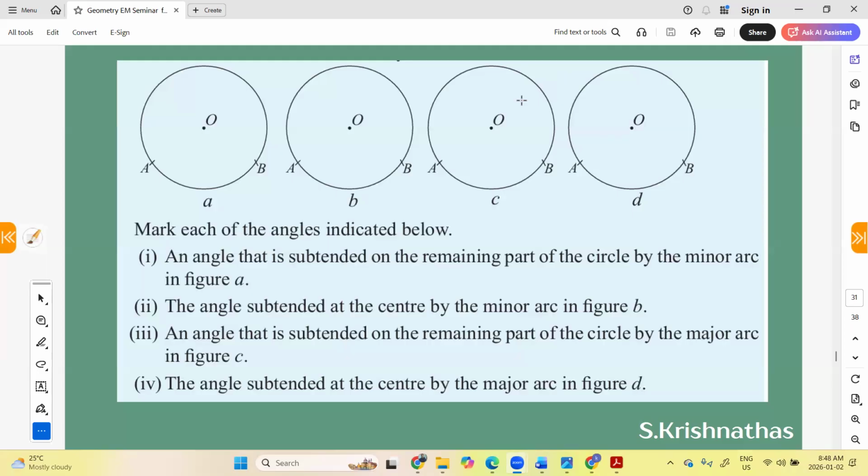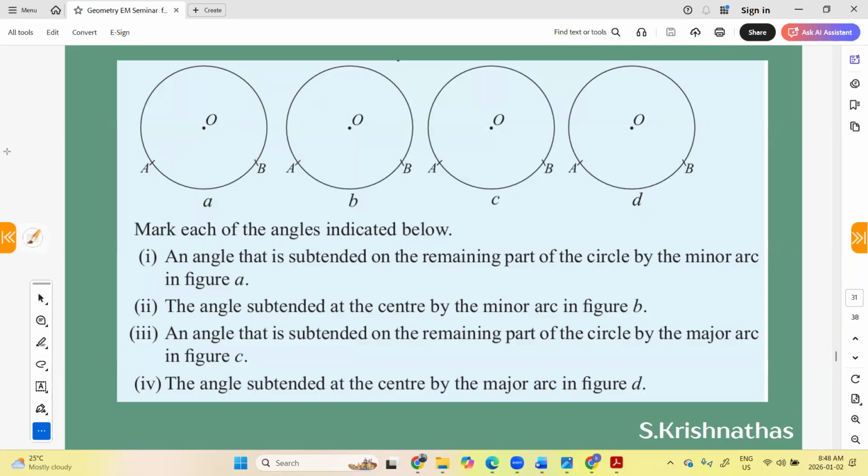An angle that is subtended on the remaining part of the circle by the minor arc in the figure. So minor arc AB, remaining part of the circle.